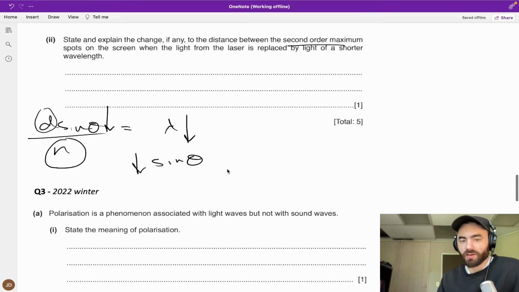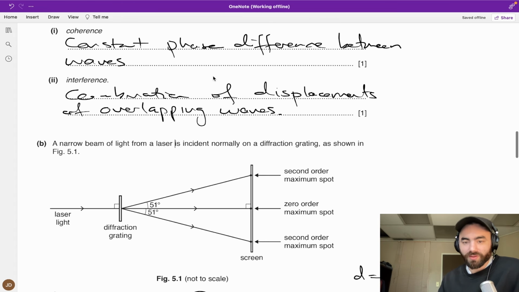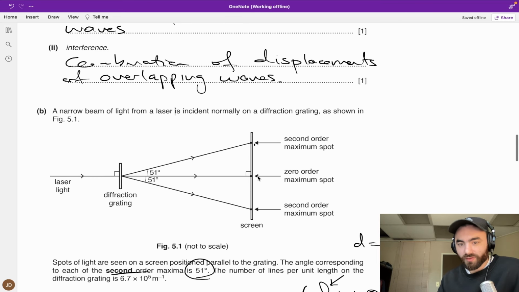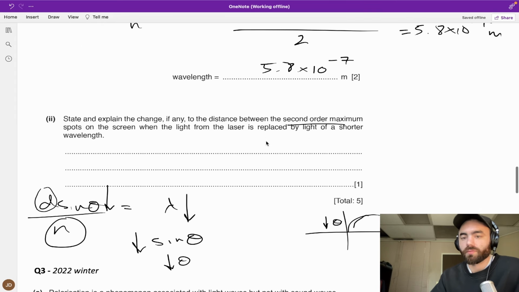And if we look at the sine graph from 0 to 90, if we decrease sine theta, we also decrease theta. The angle goes down too. And if the angle between the second order maximums decreases, then the distance between the second order maximum spots on the screen will decrease.